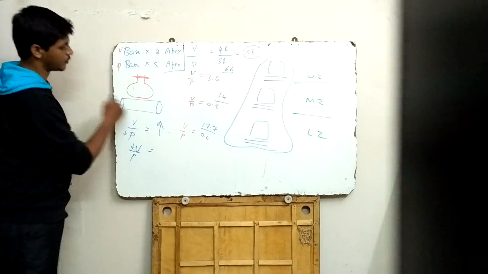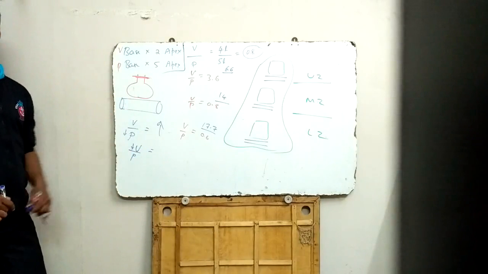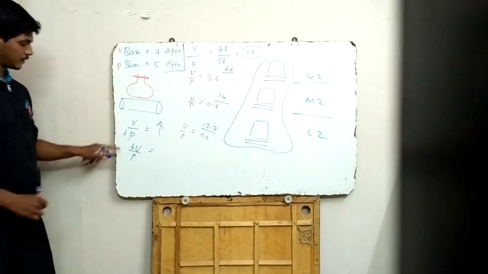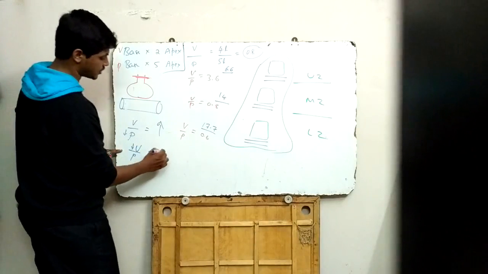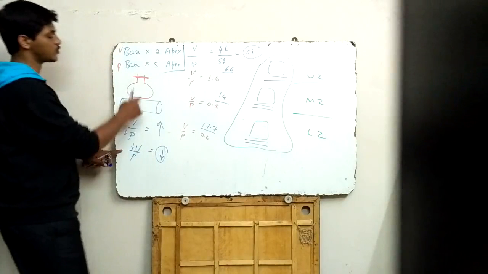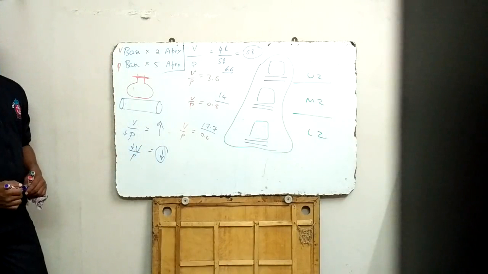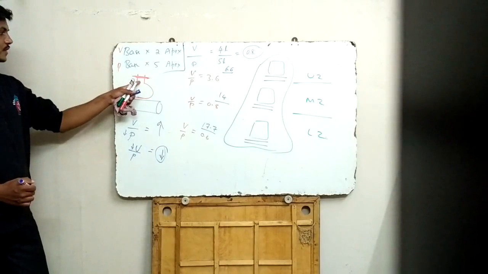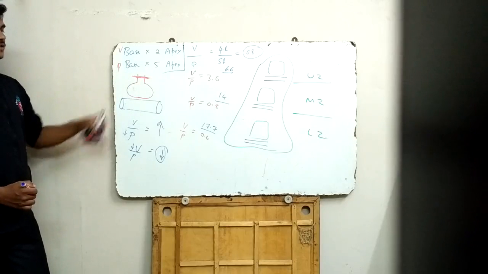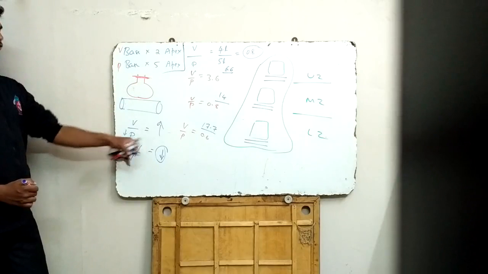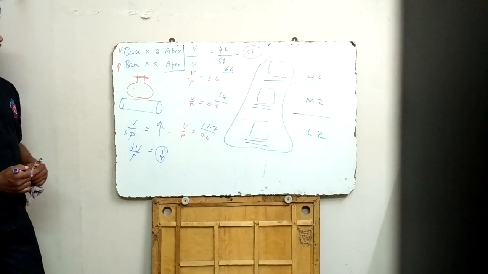But what happened to the perfusion? Perfusion is maintained. So the ventilation perfusion ratio will decrease, and this is what happens in atelectasis. When there is a complete blockage, air cannot come inside, ventilation is decreased, and so the ventilation perfusion ratio will be decreased.